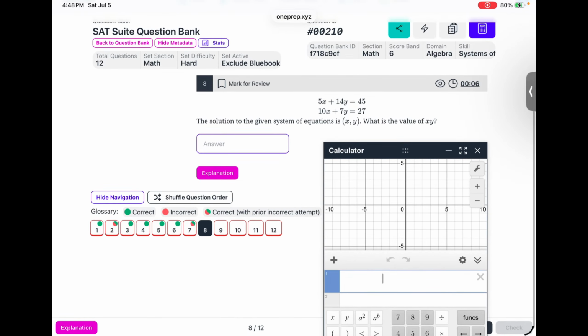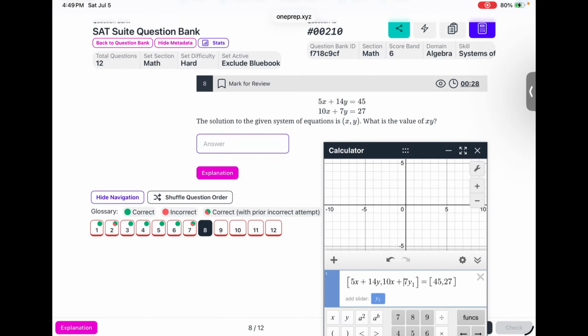So now another regression problem. So you can see regression is very versatile. 5x plus 14y is equal to 45. Another one's equal to 27: 10x plus 7y is equal to 27.